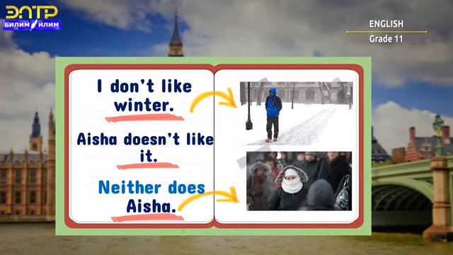Notice that the first sentence, I don't like winter, is the negative sentence, and to agree with this sentence, we can say, "neither does Aisha." We start with "neither," then "does," a helping verb of the present simple without "not." Why? Because "neither" gives a negative meaning, and then the subject Aisha.